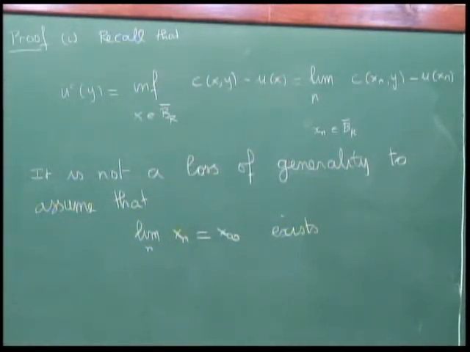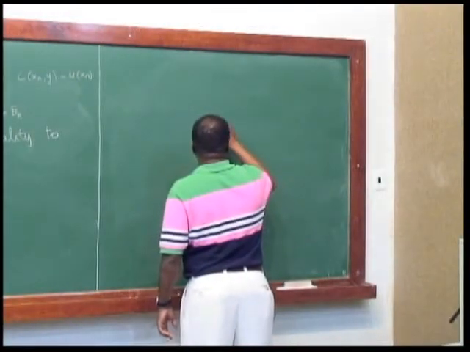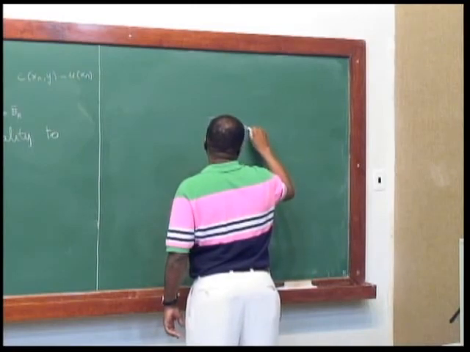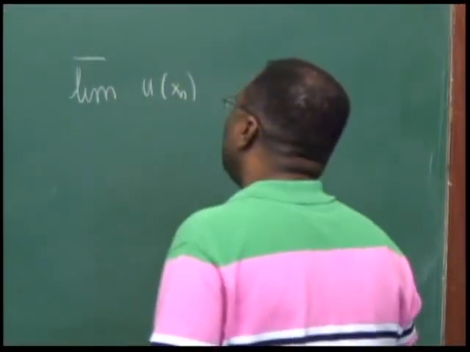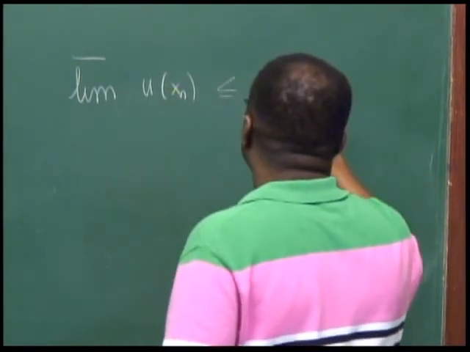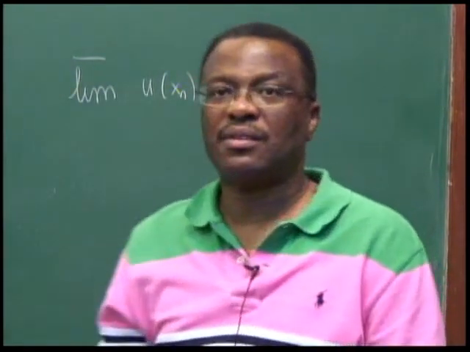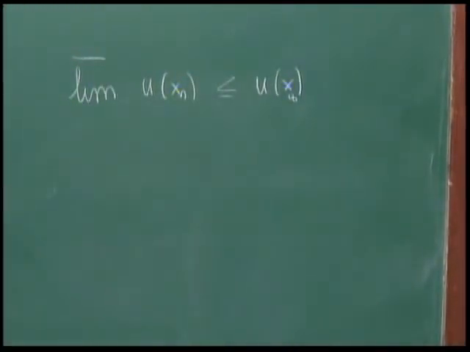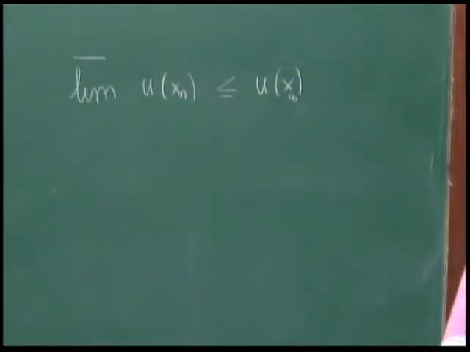Upper semi-continuity tells me that the lim sup of U Sn is less than or equal to U of S infinity. Right? So we showed that you can express semi-continuity in terms of sequences. So upper semi-continuity gives me that inequality.